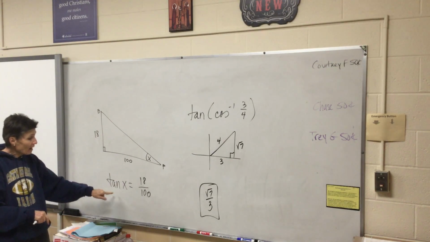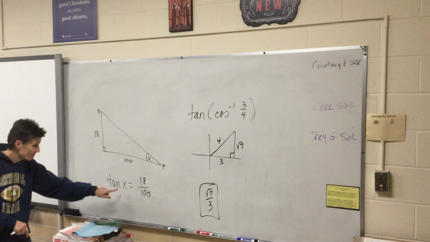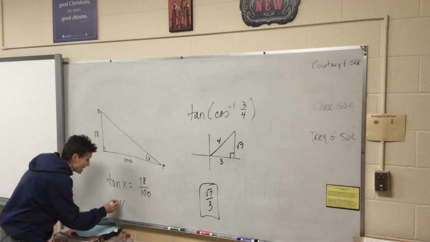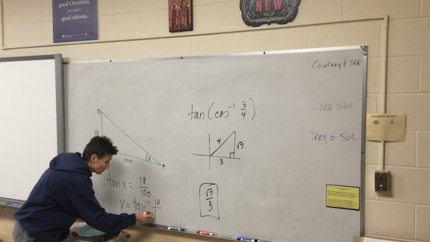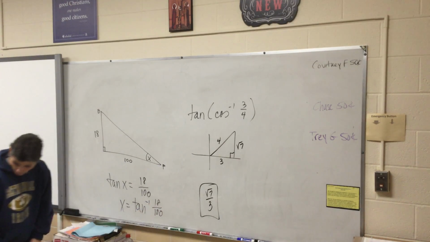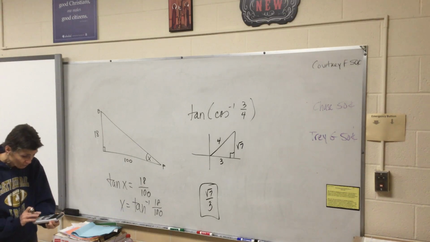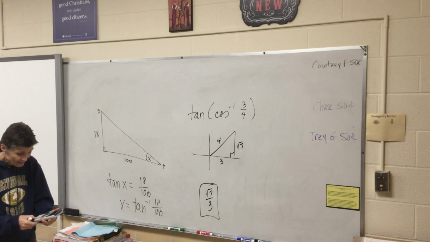Good. Now, these are the kind we just talked about where the variable is the angle. So that's when you need your special tangent button. We'll go to our calculator. I do not know who's been using your calculator, but go to mode and make sure that degree is highlighted.